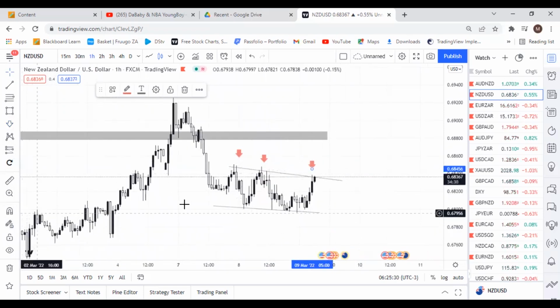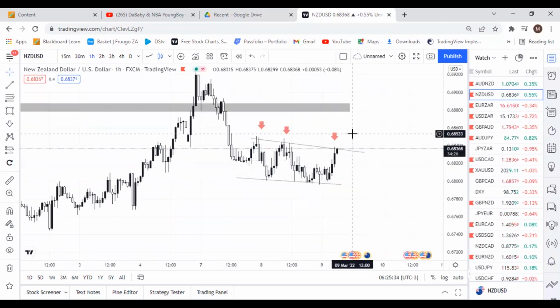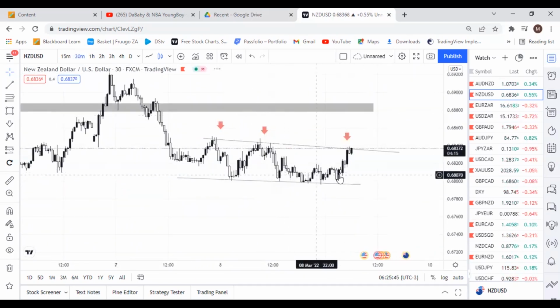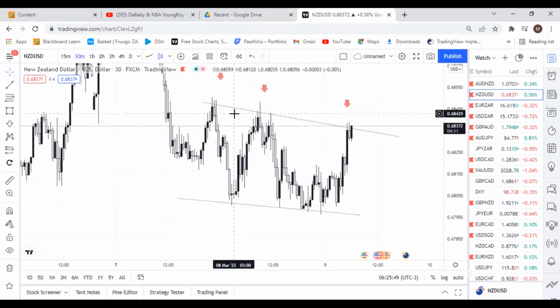So at this point, we are supposed to be looking at reversal candlesticks so we can execute a selling position right here. So I'm just gonna jump into the 30-minute time frame and show you.